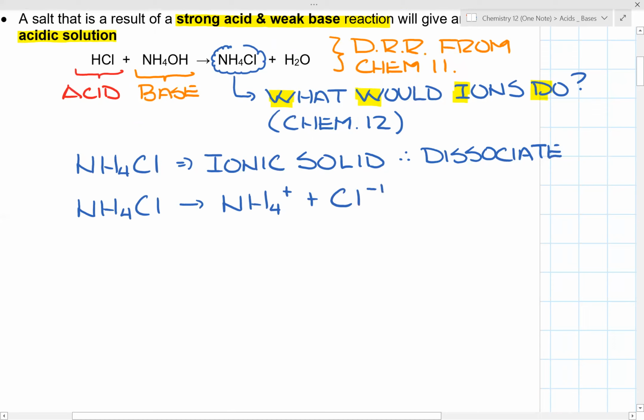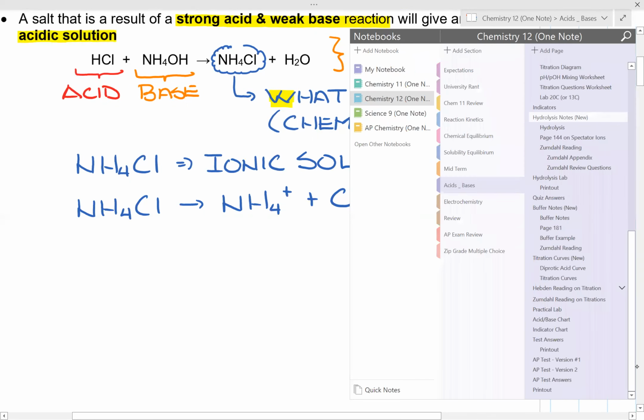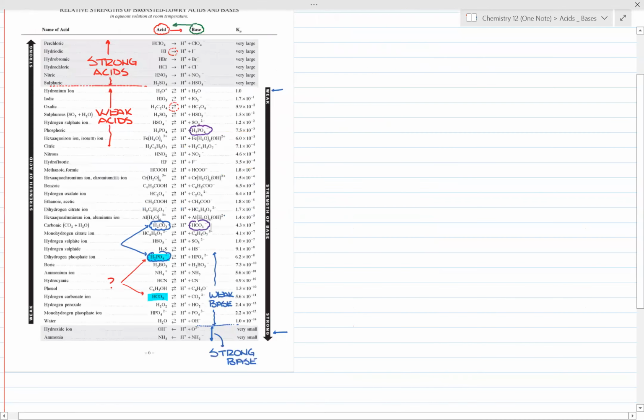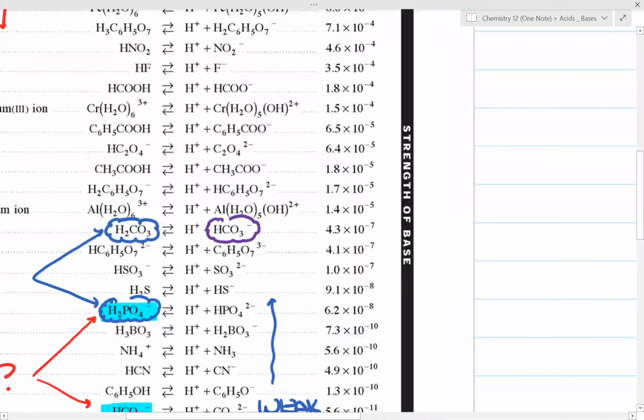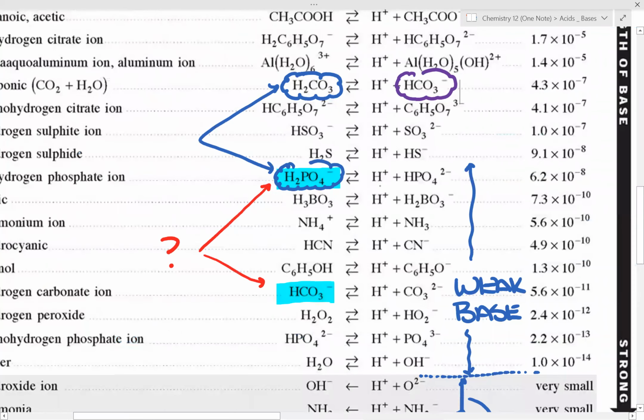Now, once we break it apart into its component ions, we want to take a look at where the ions are located on the acid-base chart. So when you take a look at your acid-base chart, you look for the ions. In this case, notice near the bottom, you have NH4 plus.